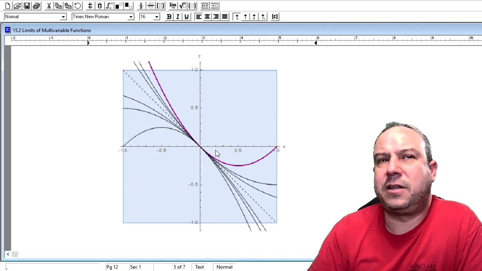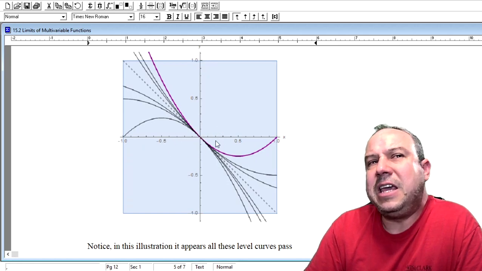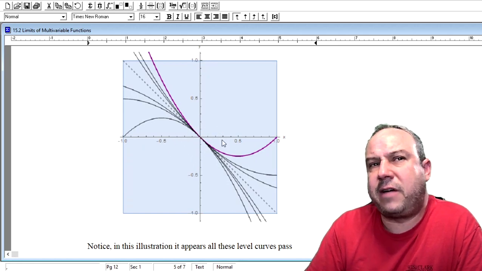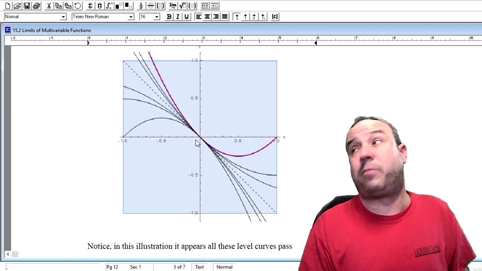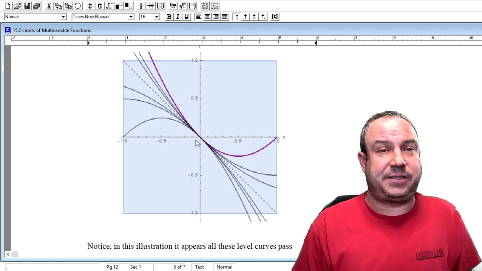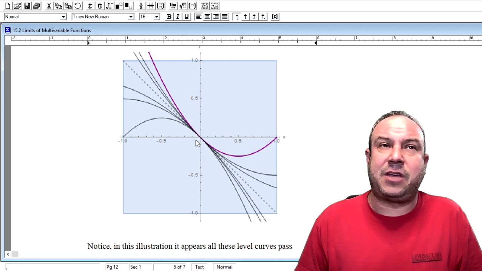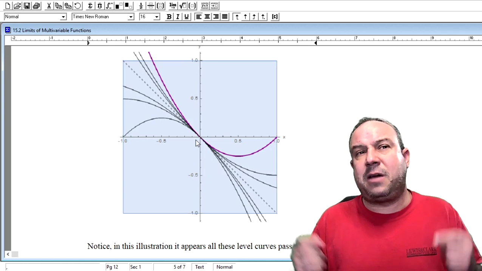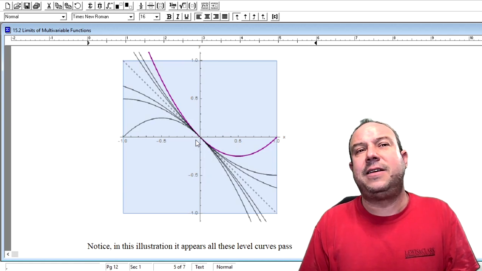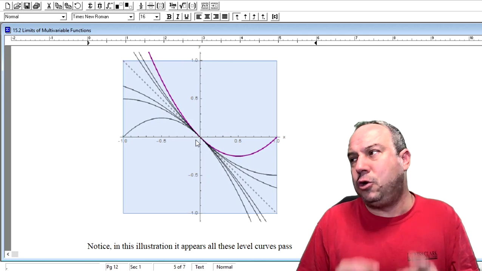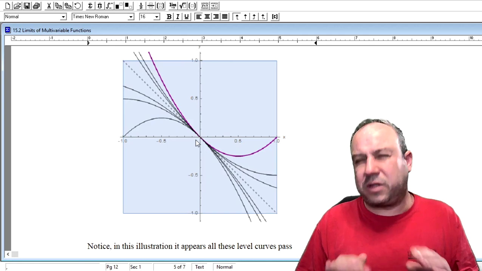You're going to want to look at the level curve behavior around your coordinate of approach, folks. If you see several level curves passing through that origin, or passing through that point of approach, there's a good chance that the limit does not exist at that value. You can show, using some of the approaches that pass through that origin, that you get 2 different values for z, which is what the level curves are showing you.